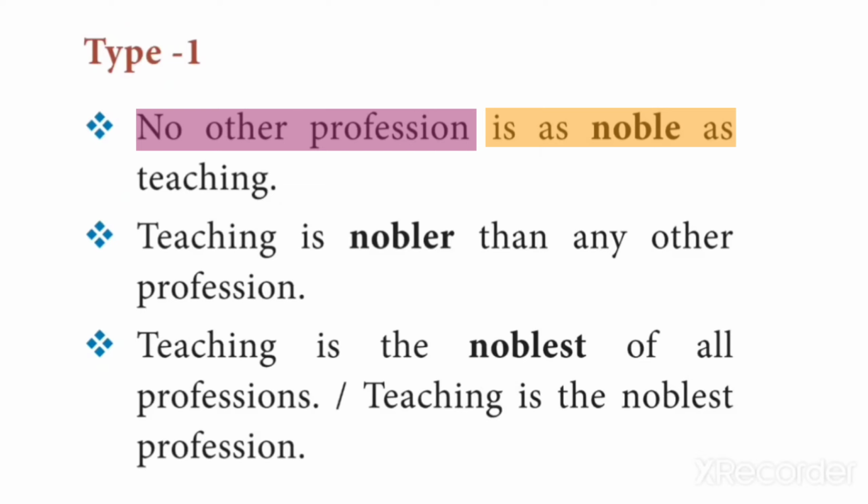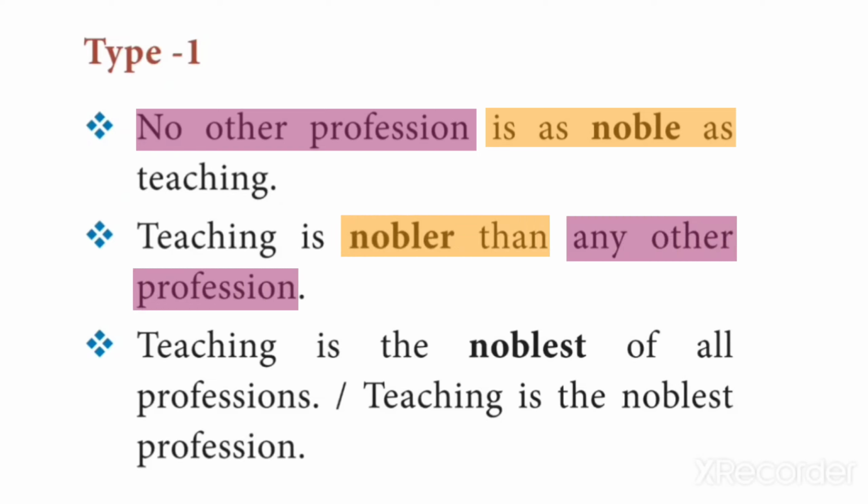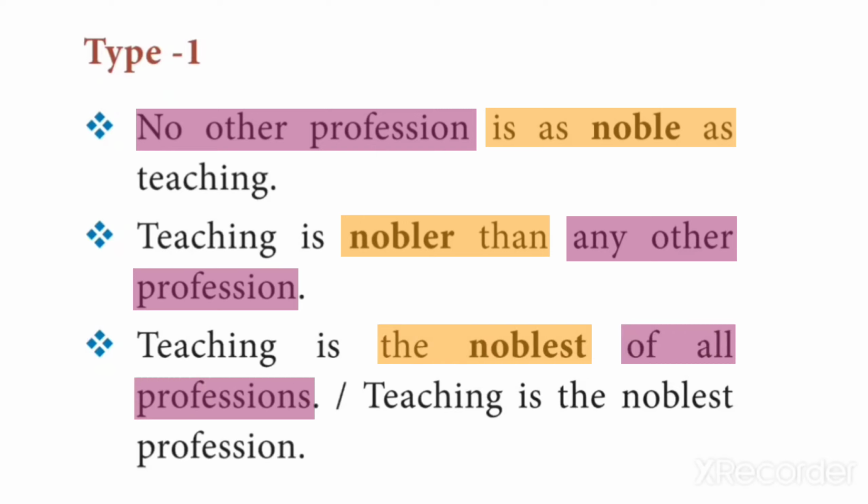This is in positive degree. See how the comparative degree is written here. Teaching is nobler than any other profession. And coming to the superlative, teaching is the noblest of all professions, or teaching is the noblest profession.